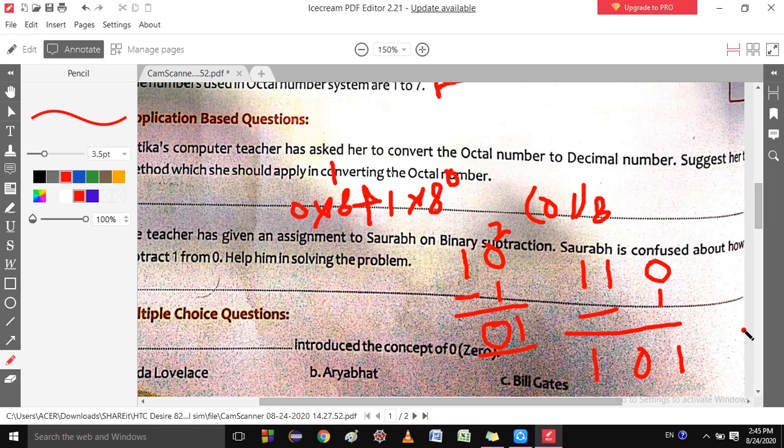If here it is 0 and you want to subtract from 1, it will take from 1 0, and 1 is borrowed here. 1 0 means 2, and here 1 1 minus 1 0, here will be 0, again 0, and here 1 minus 1 becomes 0, and here 2 minus 1, the answer will be 0 0 1.